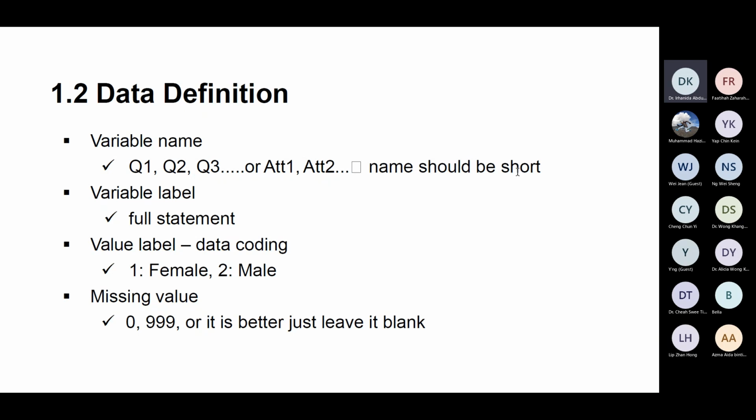And then we have value label. It is very important for us to label the value accordingly, because this is our data coding. For example, if our question is gender, you provide them an empty box to tick. So gender normally we have female and male only. But in some research they have three boxes: female, male, and others.